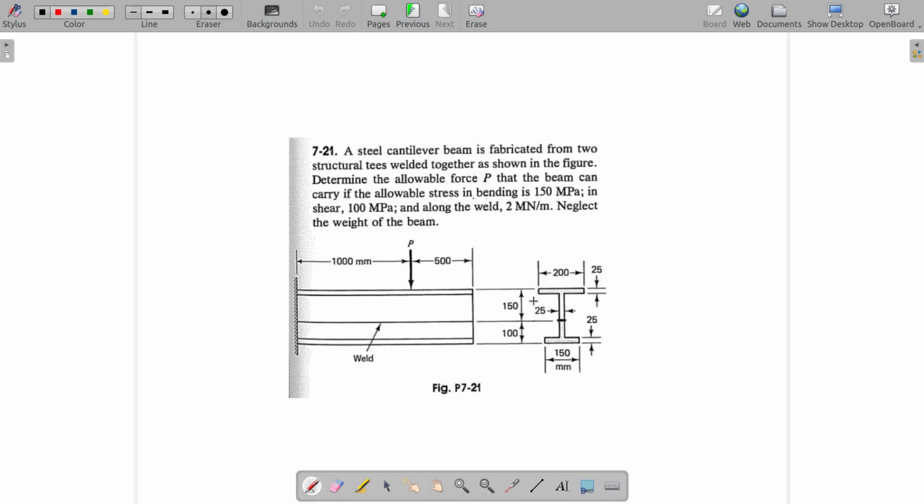Determine the allowable force P that the beam can carry if the allowable stress in bending is 150 megapascal, in shear 100 MPa, and along the weld 2 meganewton per meter. So you need to note the units here.